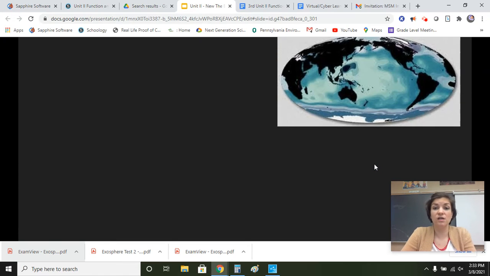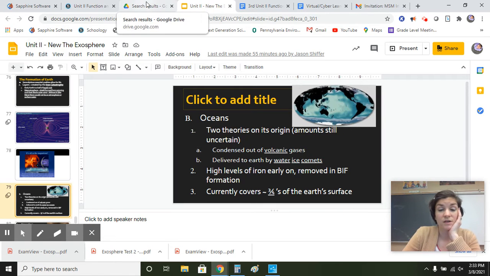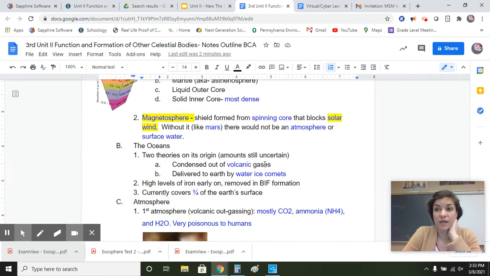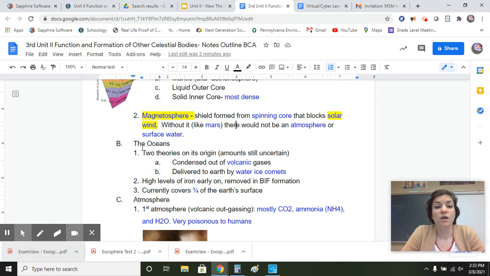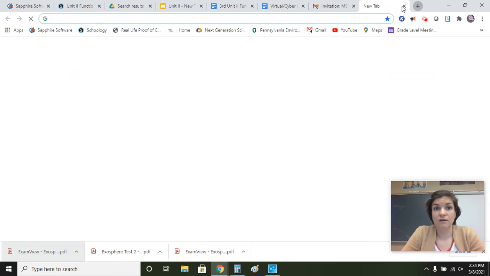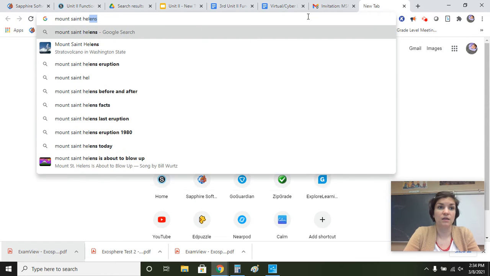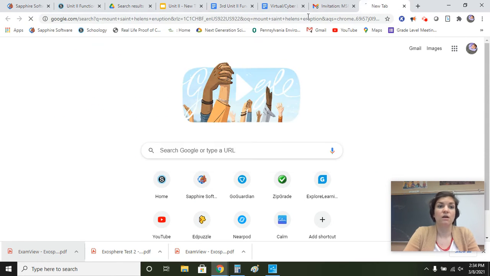All right, now let's talk about how the oceans formed, because the oceans are what helped us get an atmosphere like with oxygen in it. So the ocean, there's two theories on its origin. So either volcanoes erupted, and like you can see Mount St. Helens eruption.